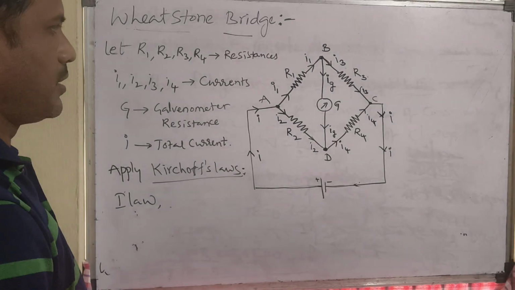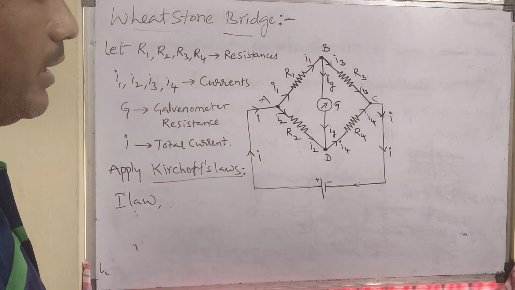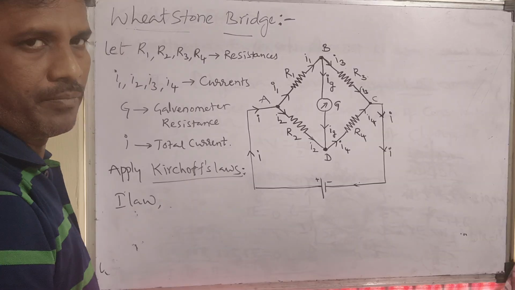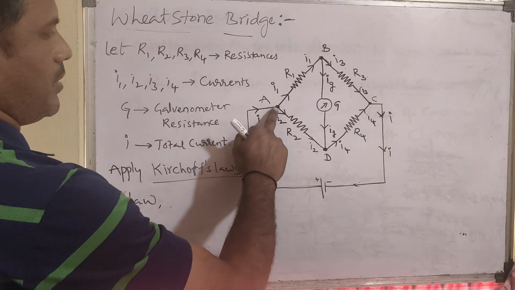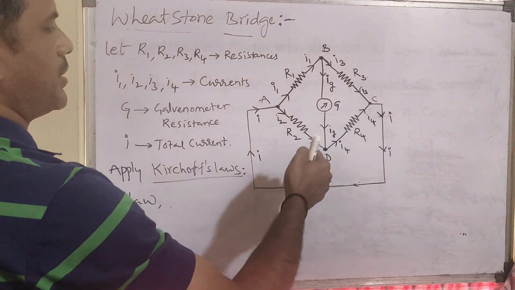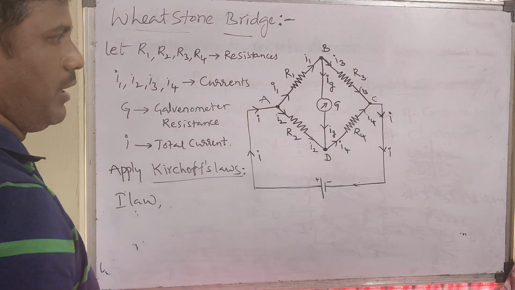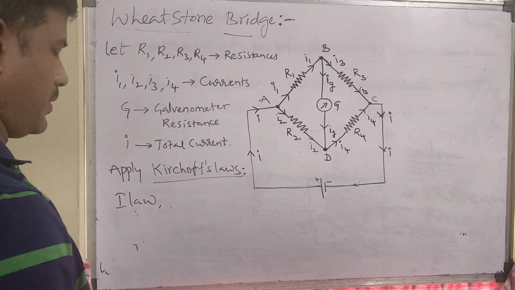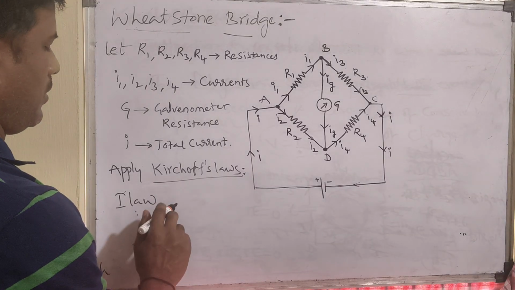The junction law is applied only for the junctions we want; the remaining are not needed for the question. For total detailed information we would apply it at A, B, C, and D junctions, but we want only B and D junctions for the question. So the first law is applied.